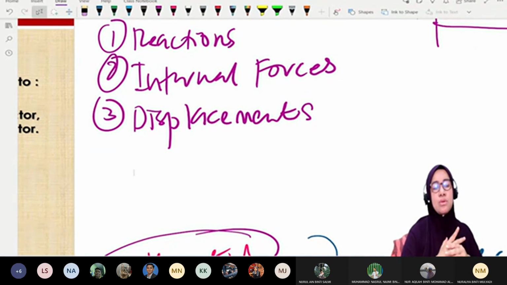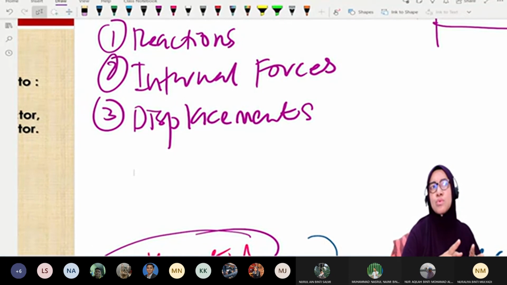If anybody outside the engineering field asks what you learn in structural analysis, this is the answer: I learned how to calculate reaction, internal forces, and displacement.